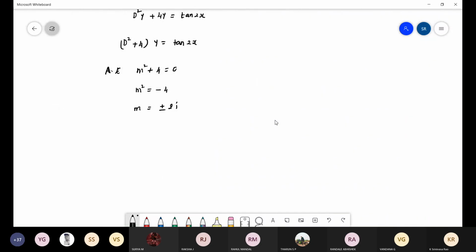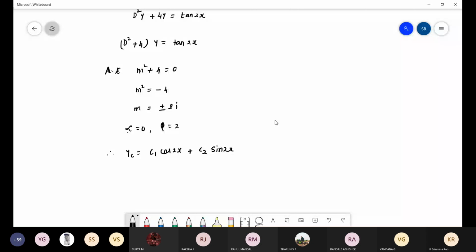So therefore here alpha equals 0 and beta equals 2. Therefore yc equals c1 cos 2x plus c2 sin 2x. So this is the usual procedure.